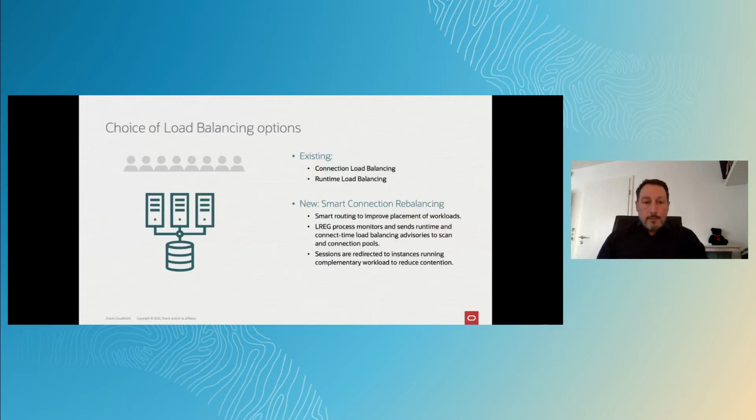So last but not least, we do have the applications which need to connect. And if you do have a service which is running across all nodes, you want to ensure that the connections are landing on the node which provides the best performance for you. While we had in the past already 2 connection mechanisms, which was connection load balancing, which essentially distributed the sessions or the connections equally amongst the nodes for a service if it was running in uniform mode.